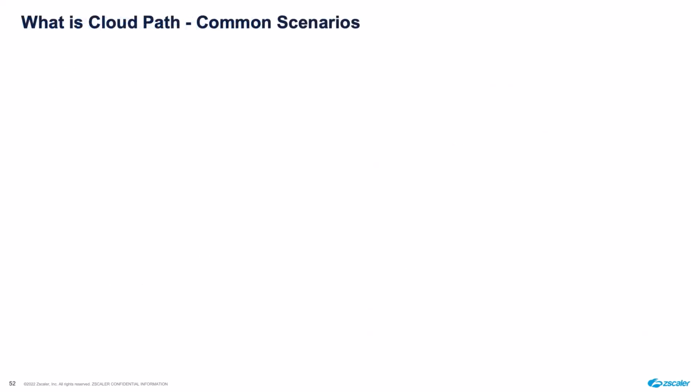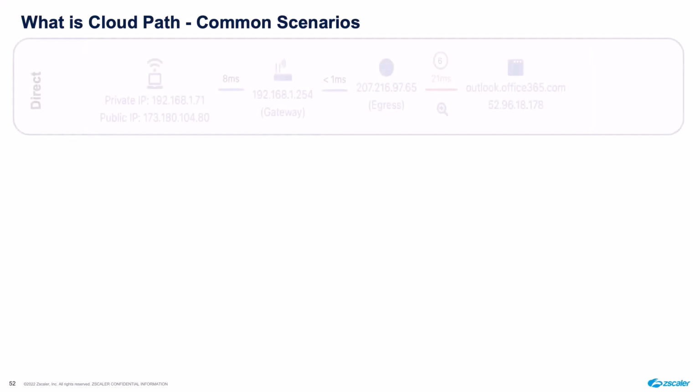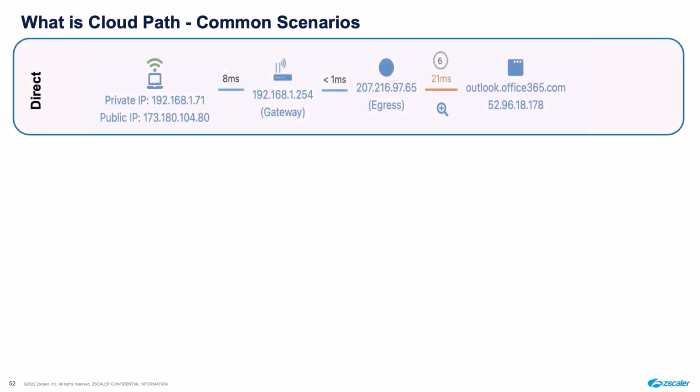Here are a few of the most common cloud path scenarios, which we get using ZDX. On the top, we have the cloud path for an application being accessed directly. What that means is that the application is neither being accessed via ZPA or ZIA, it's probably bypassed. We see that we can get the local gateway the customer is using, the egress ISP IP address, and all the hops the user is taking to the destination.